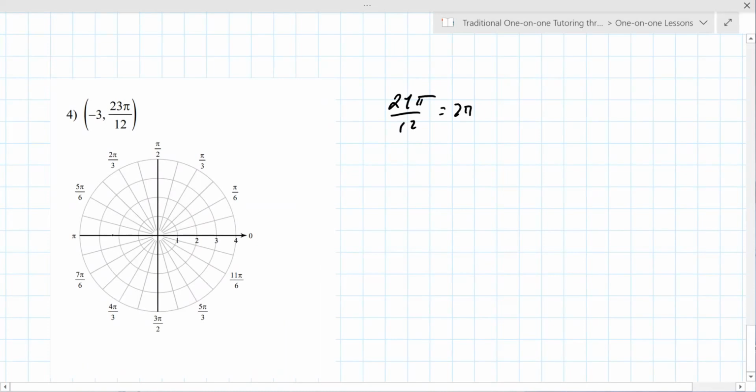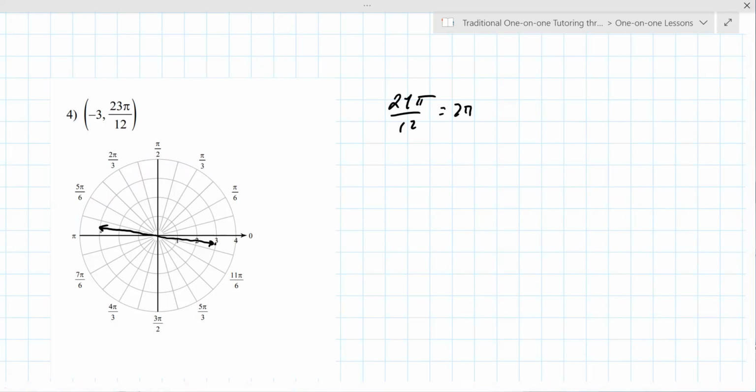So you're going all the way around, you're right here roughly. But then it's negative 3, so instead of being here, you've got to go back the other direction. So it's right there. If it was 3, it would be right there, but this is negative 3, so you flip it. Is that okay? Mm-hmm. All right.